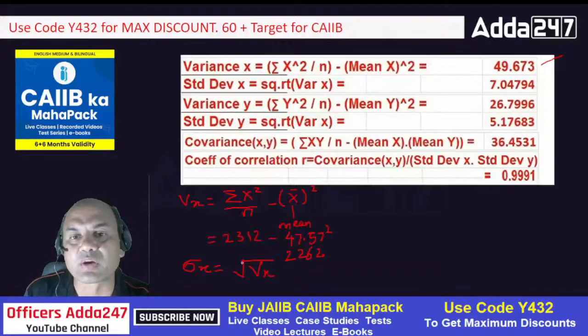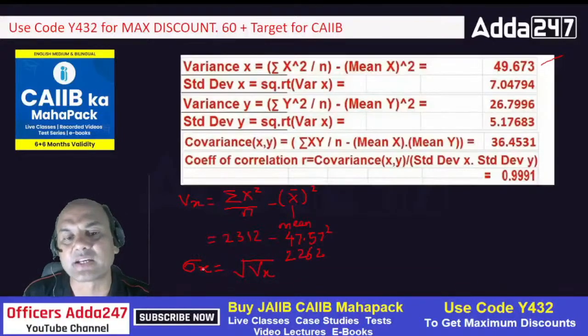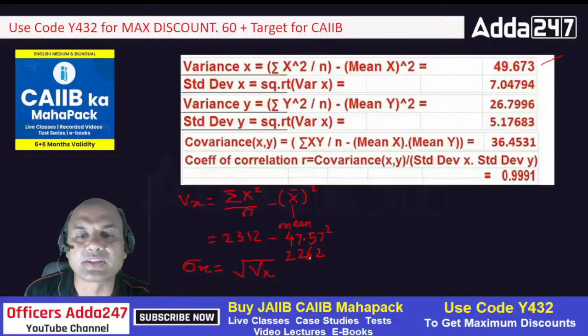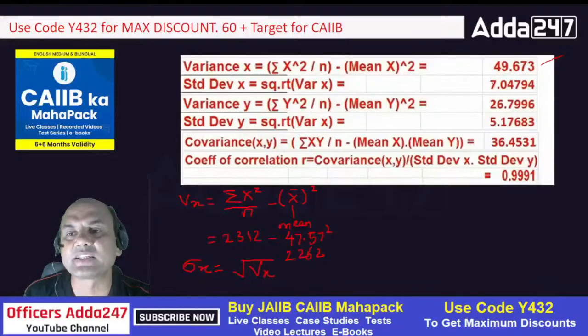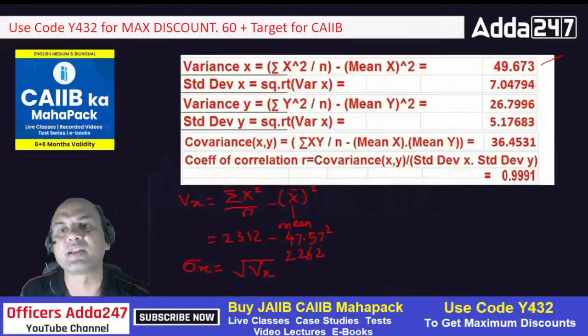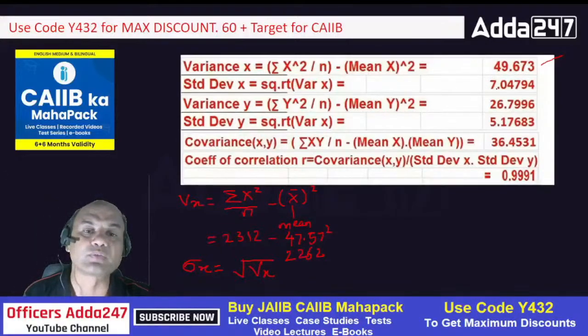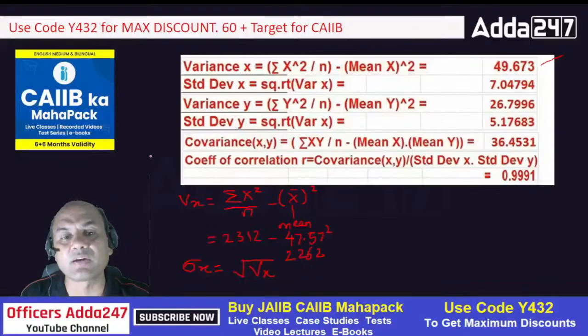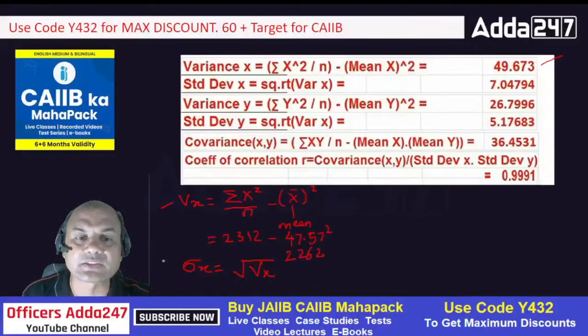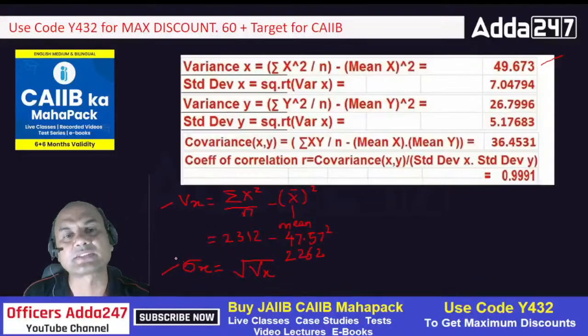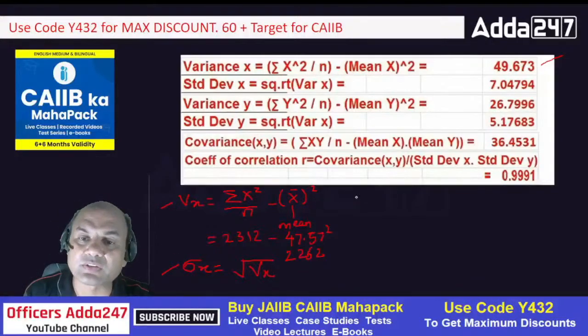So do it: summation y square upon n is 1513 minus 38.5 square. What is the answer you're getting?